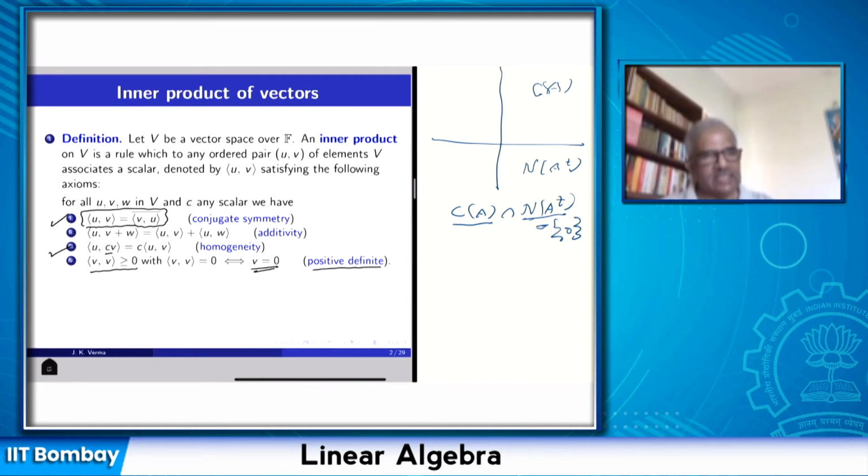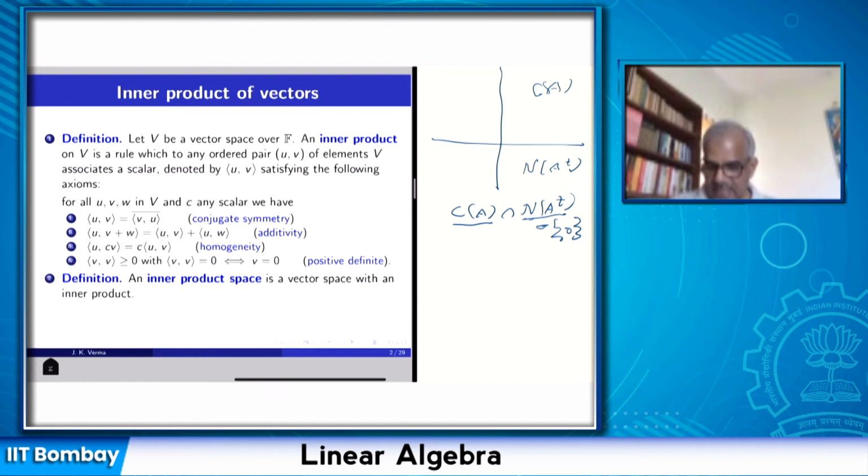It is bilinear, linear in every component, but scalars come out as complex conjugates if that scalar is in the first component, and as itself if it is in the second component. The inner product of a vector with itself is always non-negative, and it is 0 if and only if the vector is 0. These 4 properties have to be satisfied by an operation on pairs of vectors, and then and only then we say it is an inner product.